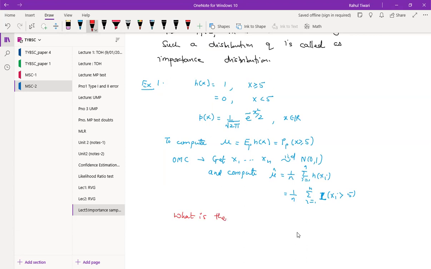What is the accuracy of this mu hat in estimating mu? There are so many methods here. One can use absolute error.